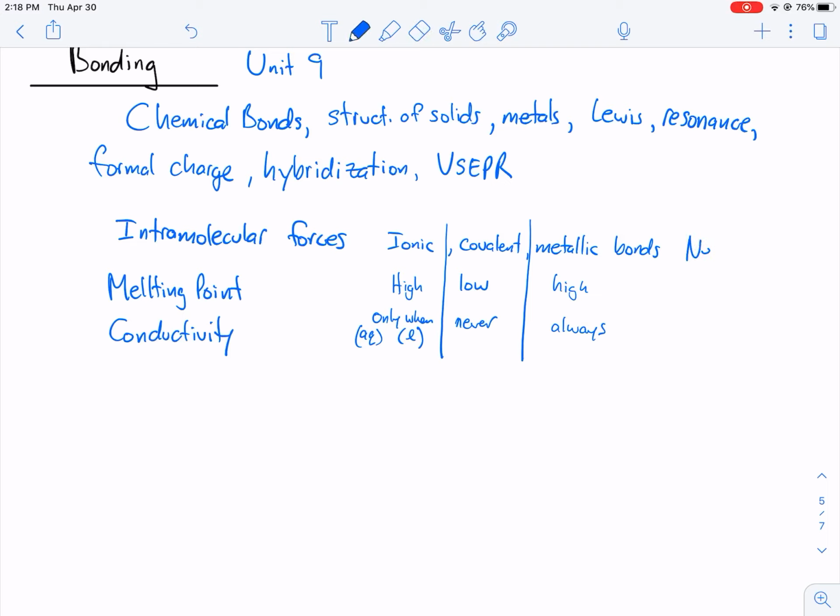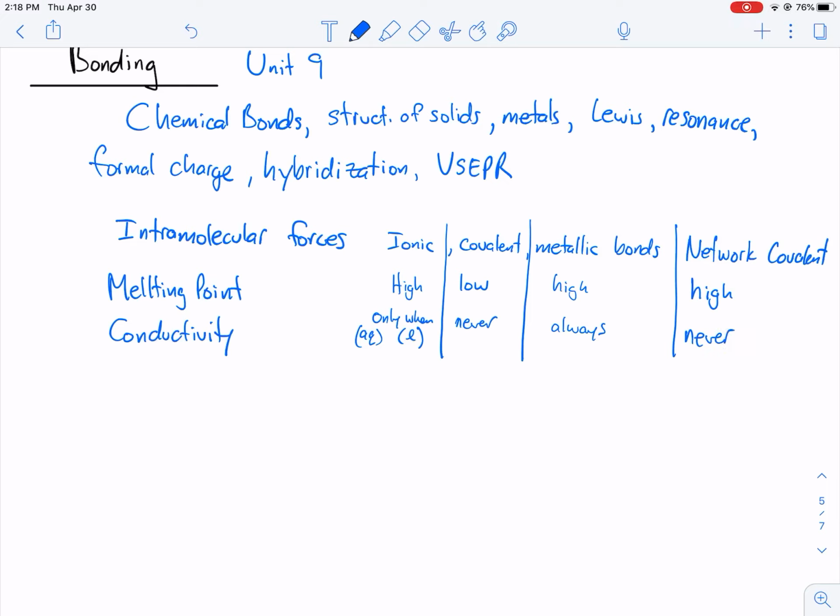So we'll go net. With the network covalent, typically the melting point is high because you have to break covalent bonds in order to get the thing to melt. There's not really a lot of intermolecular force here. And then the conductivity is usually never.